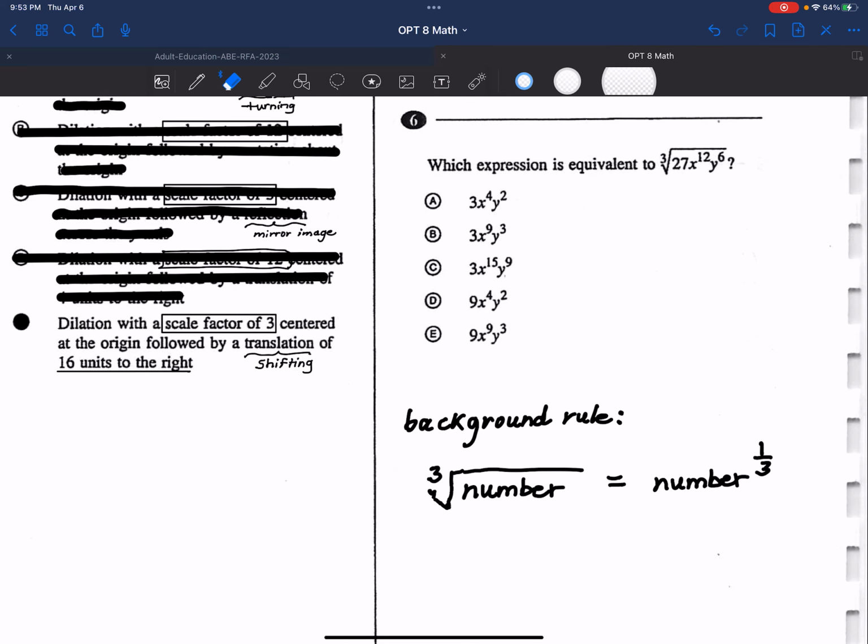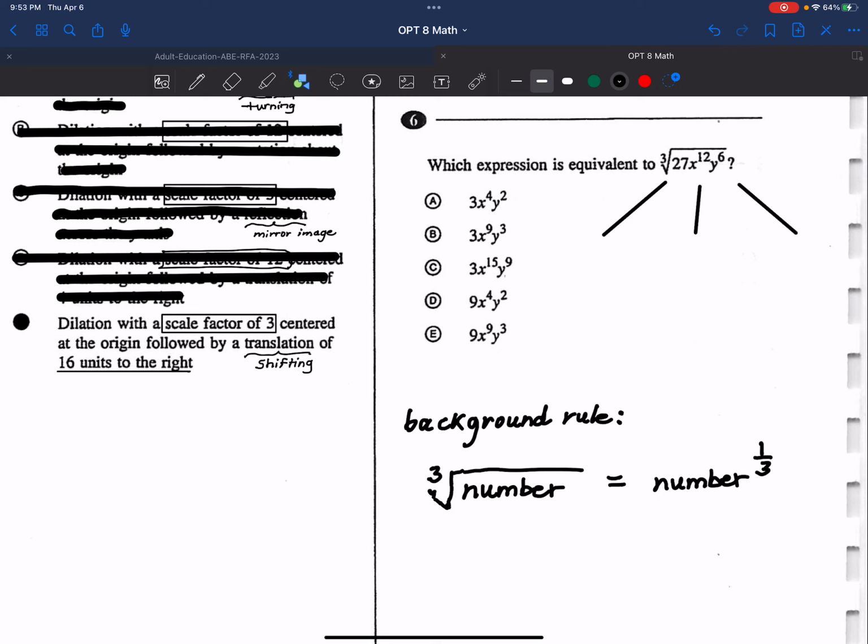With that background rule in mind, I'm going to do it this way. There are 3 parts to this problem.